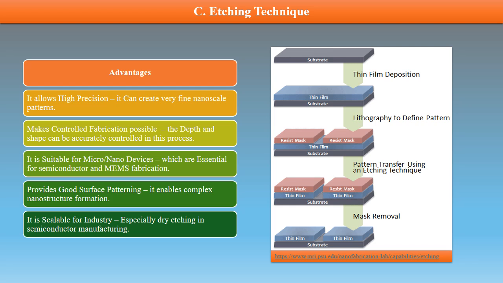Third, it is suitable for micro and nano devices, which are essential for semiconductor and MEMS fabrication. Fourth, it provides good surface patterning. It enables complex nanostructure formation. And fifth, it is scalable for industry, especially dry etching in semiconductor manufacturing.